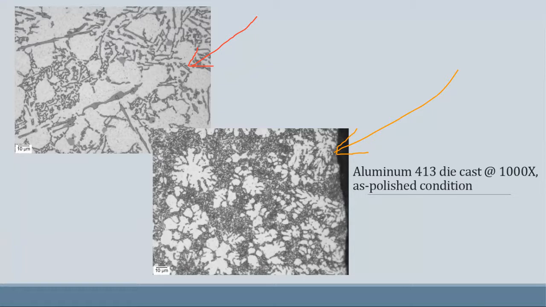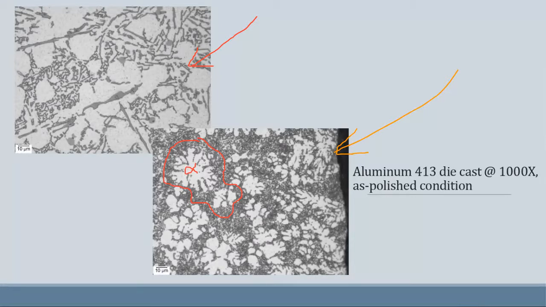So this goes back into talking about the rate of cooling. This image on the bottom right is at the surface, so you have a faster cooling rate, trapping and giving you the morphology of the eutectic, looking kind of fibrous and interdendritic, tracing around all of your alpha solid solution.